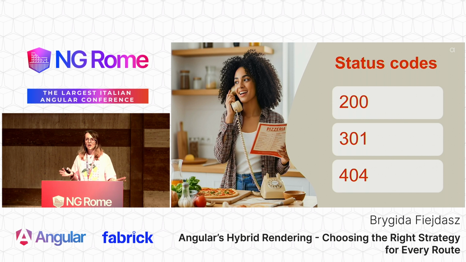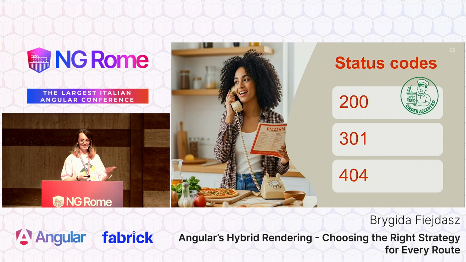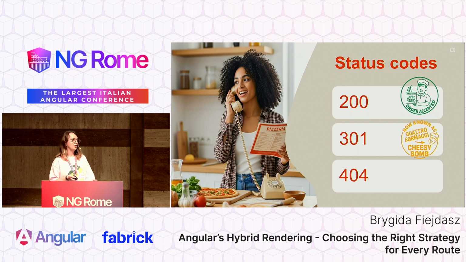And here you have to think about it like ordering this pizza, so the order process. So if everything is okay, you get 200. So your order is accepted. Next, if you are doing some redirection, you can think like, okay, I'm ordering a pizza.